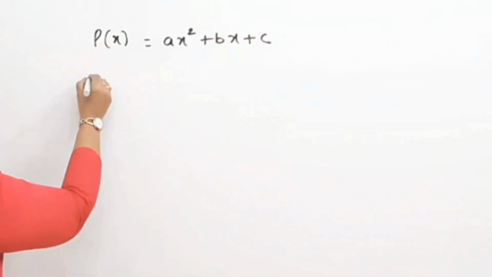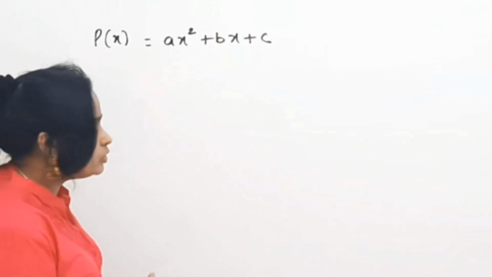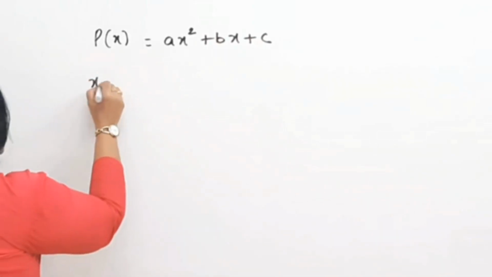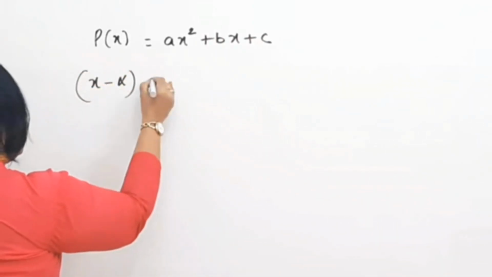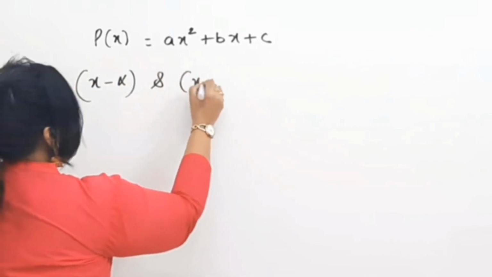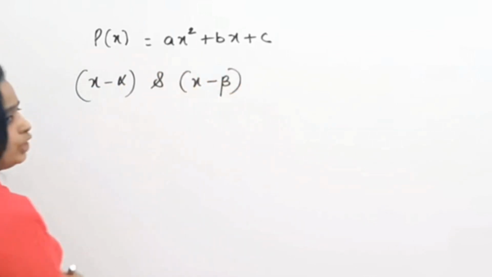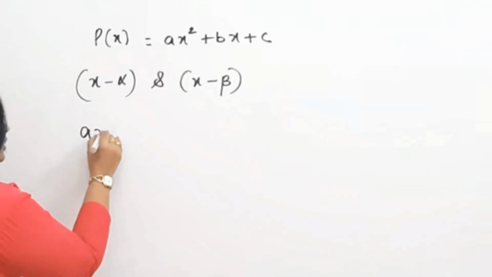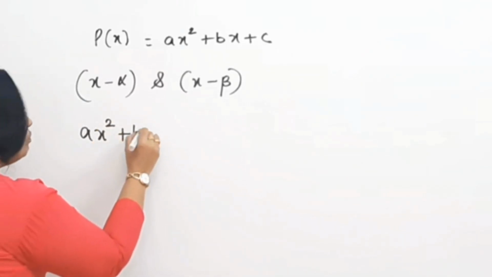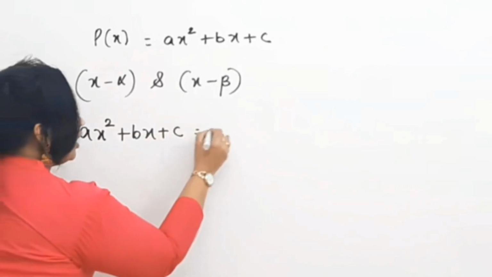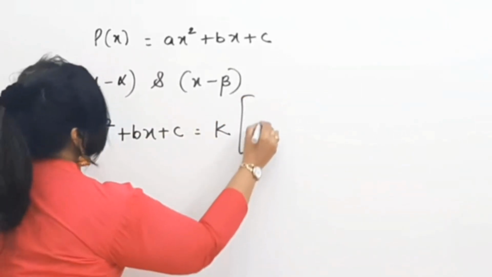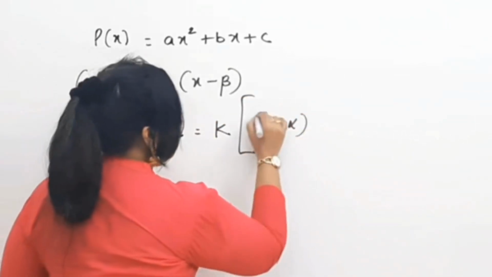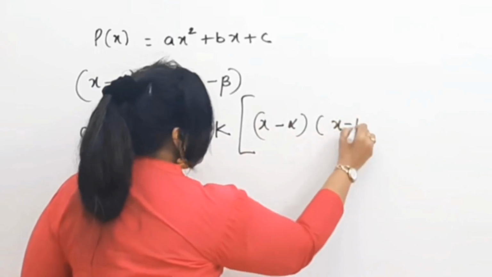Then I understood alpha and beta are the zeros of the polynomial. So x minus alpha and x minus beta are the factors of the polynomial p of x. Now, how can I write this in terms of the factors? I can write k into x minus alpha into x minus beta.